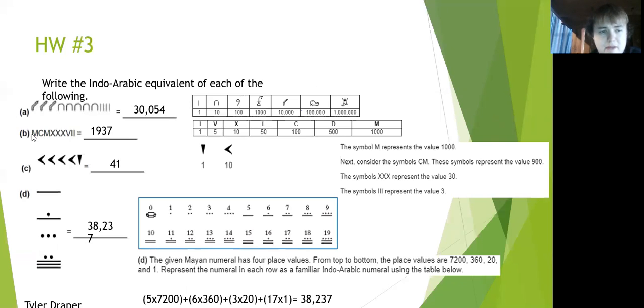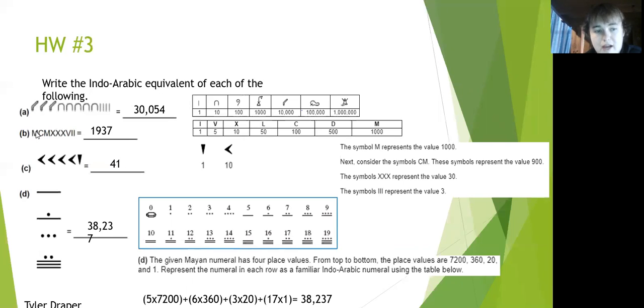So we have M equals 1,000, CM equals 900. Notice that is a very important rule. You could add 1,900 right there and mess up. CM equals 900, not 1,900. So we have 1,900 with the CM. The 3 X's equal 30. 1,930. 5 for the V, 2 for the ones.